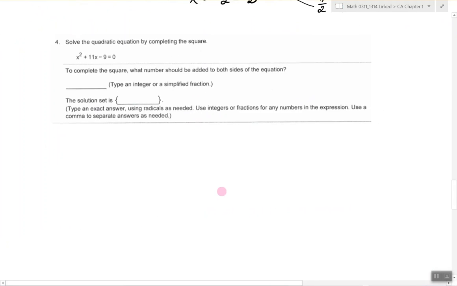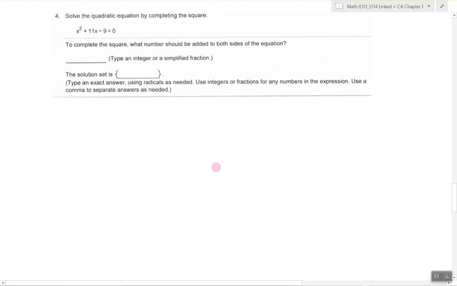Let's look at number 4. Solve the quadratic by completing the square. I'm going to put in the number that I add to both sides, follow the process, and then get my answers. All right. I have x squared plus 11x minus 9 equals 0.